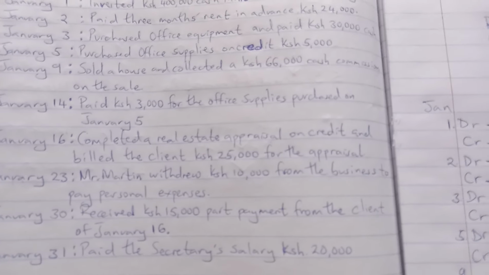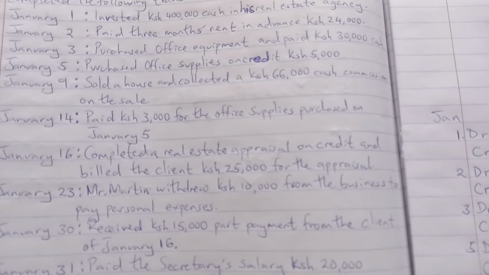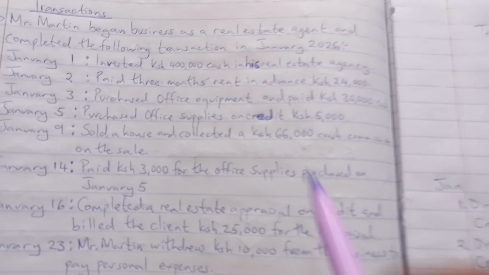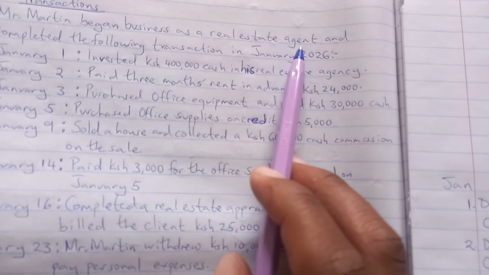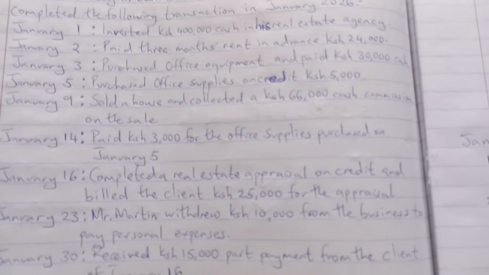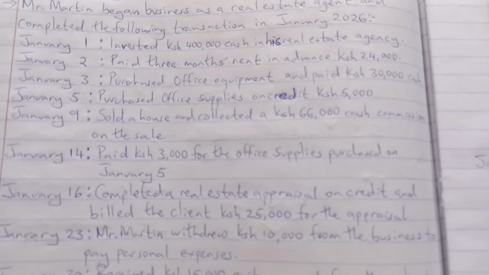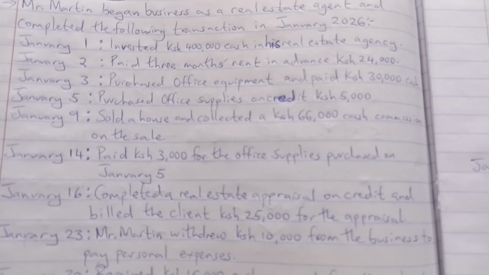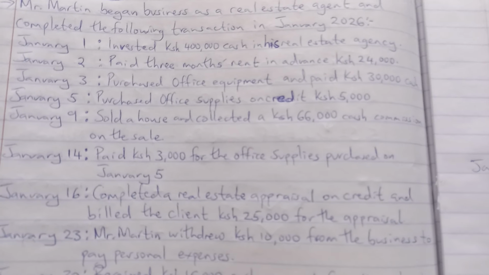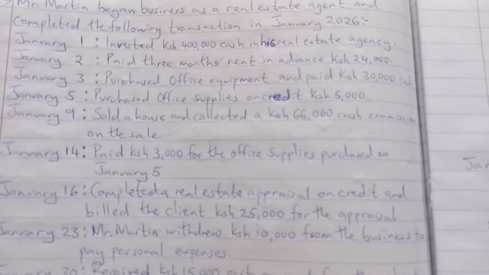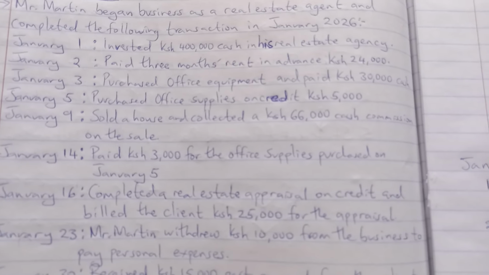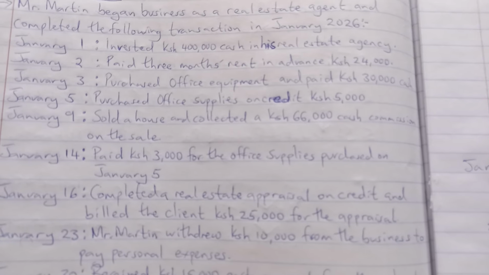So here, if you look at the description of the business, it is real estate agent. The moment you're an agent, you are just selling something on behalf of someone, but now you are being compensated commission. Okay, so part of the revenue of this business is commission.